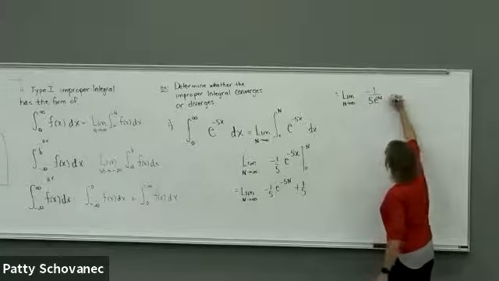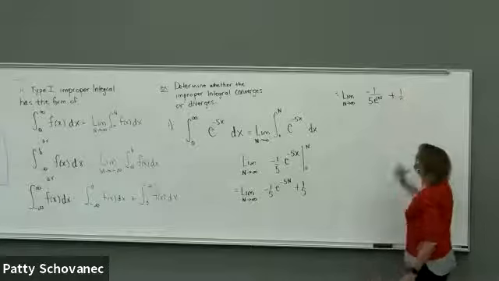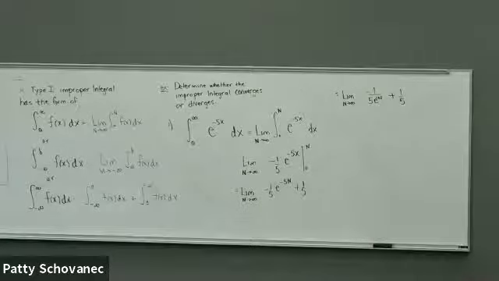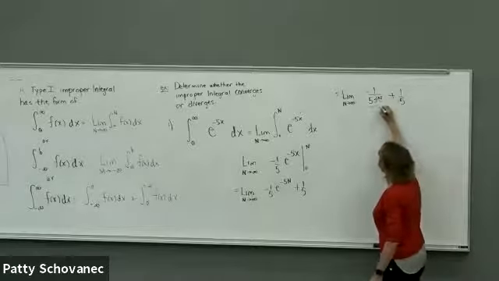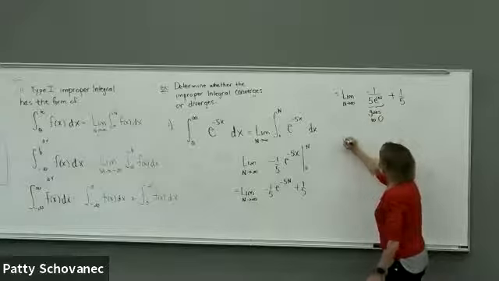What happens to that expression in front as N goes to infinity? It goes to 0 fast, doesn't it? E to the 5N grows really fast. So this thing converges to 1/5.